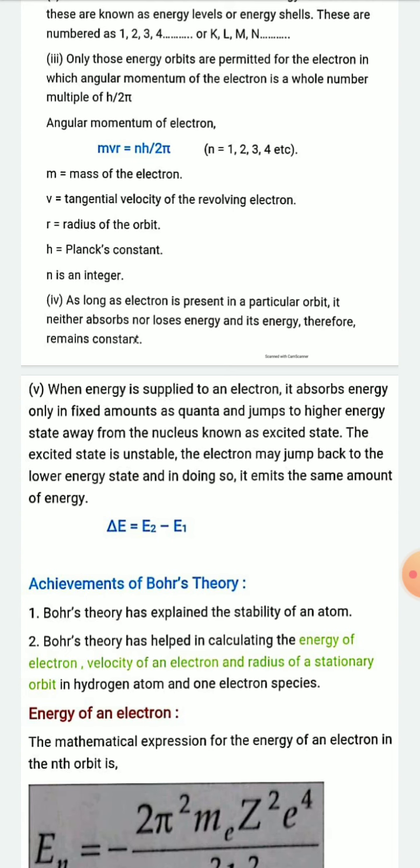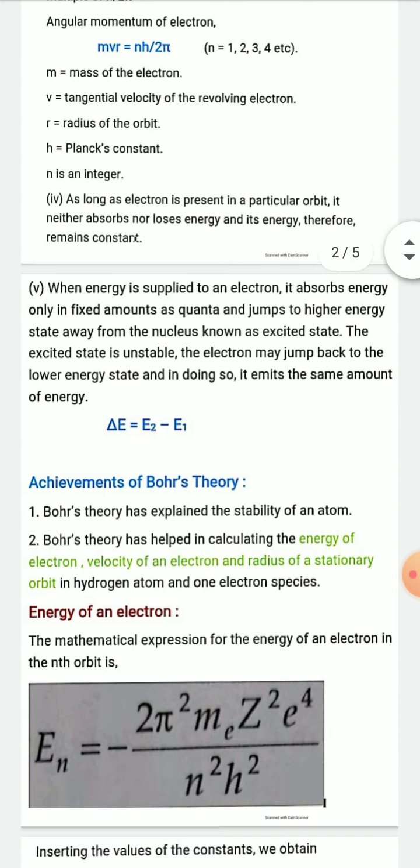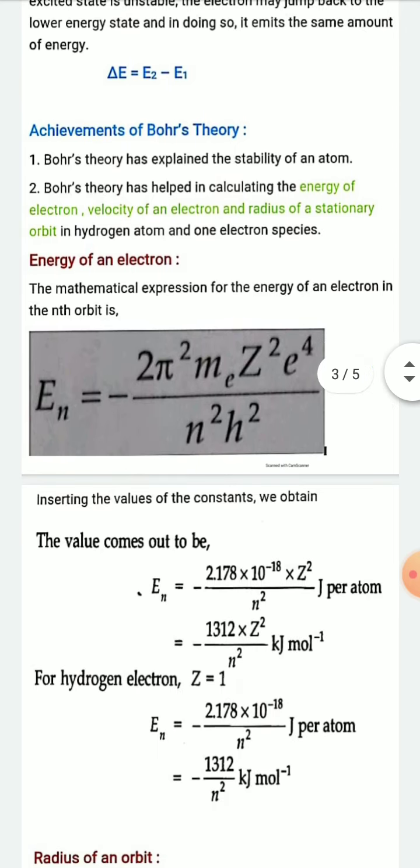The energy gap between two shells or two orbits is given by delta E is equal to E2 minus E1, where E2 is the energy of the second shell and E1 is the energy of the first shell. Now, achievements of Bohr's theory.